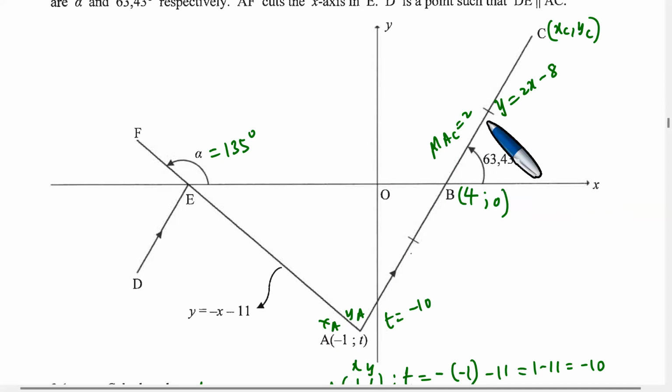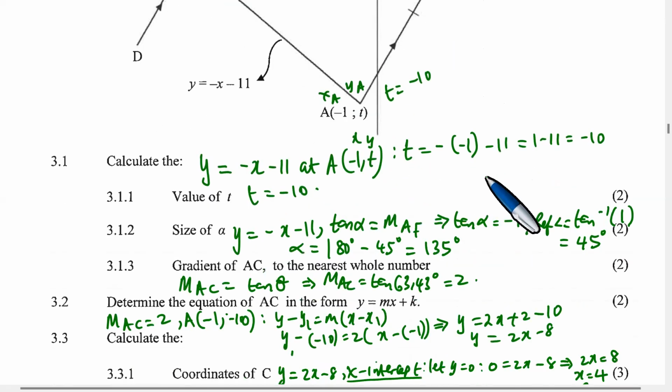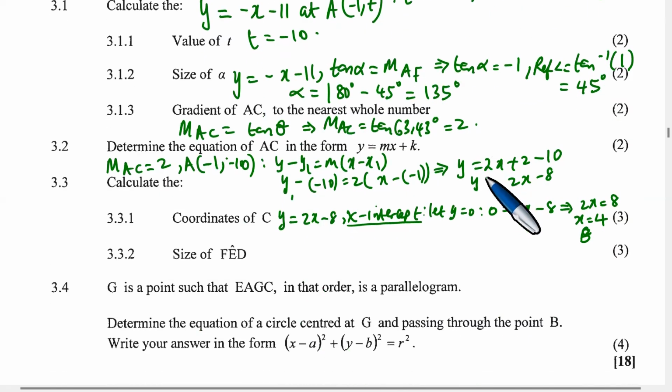You take xa plus xc, you divide by 2, it is equal to 4. So what does the midpoint formula say? You take the midpoint, xa plus xc over 2. Right, so that is what you're going to write here: xa plus xc over 2.